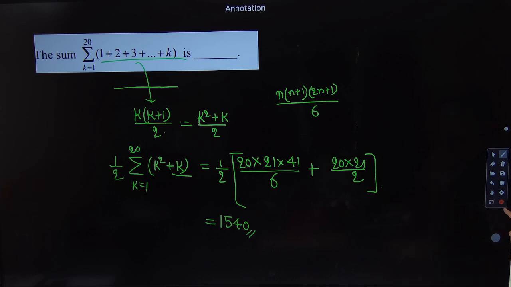Okay, done. Anyone copying? Yes, sir, I'm getting 1540. 1540 is the right answer. Good. So this one was a very simple question, but just an extra practice of how to approach special series.